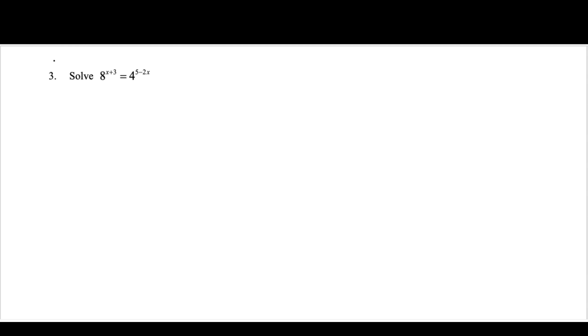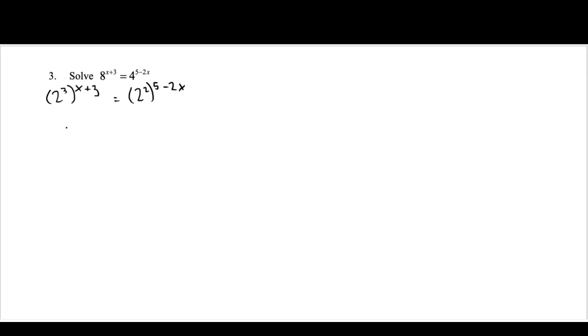Let's say we have 8 raised to the power of x plus 3 equals 4 raised to the power of 5 minus 2x. Well, 8 could be written as 2 cubed, so that's 2 cubed raised to the power of x plus 3. Of course, 4 could be written as 2 squared, right? So that's 2 squared raised to the power of 5 minus 2x.